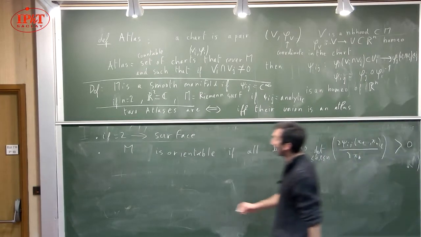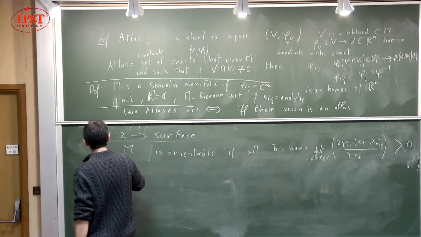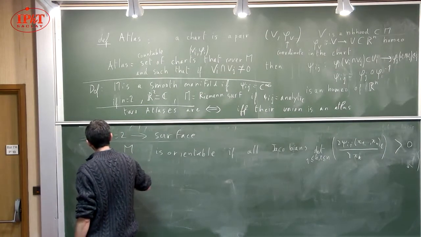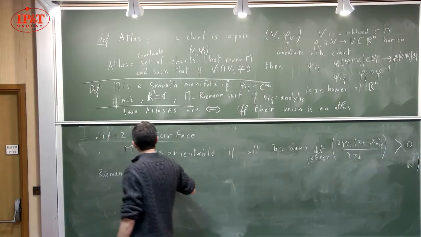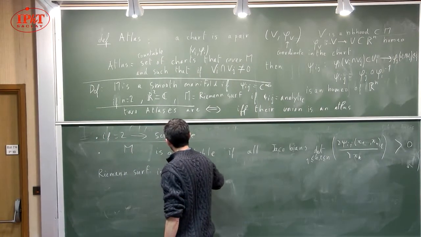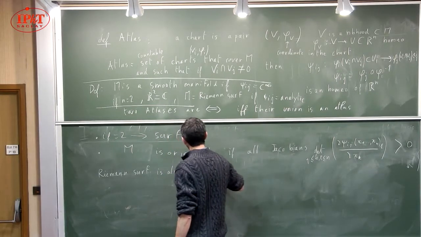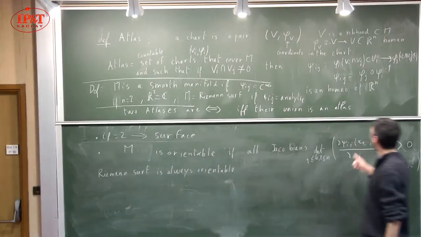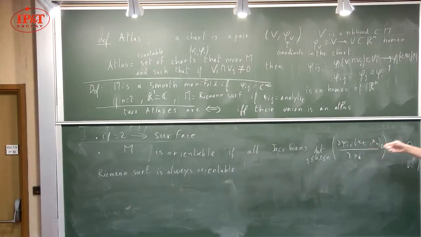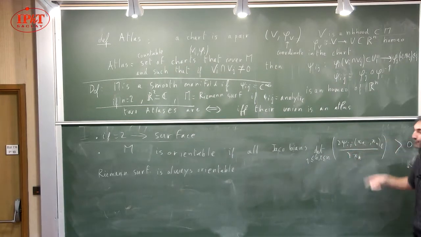And there is an easy theorem, which is that a Riemann surface is always orientable. This is because here you have a two-dimensional, so a 2x2 determinant, and using the Cauchy-Riemann identity, you realize that this determinant is just the modulus square of the derivative of psi.